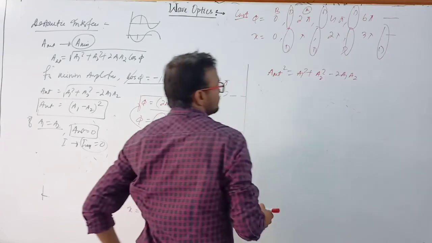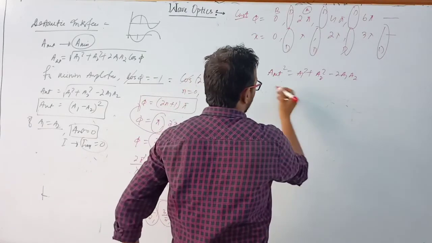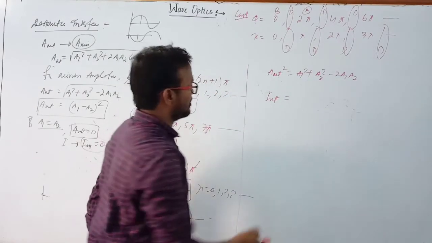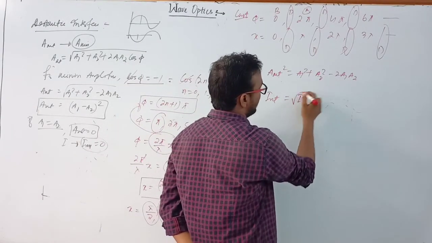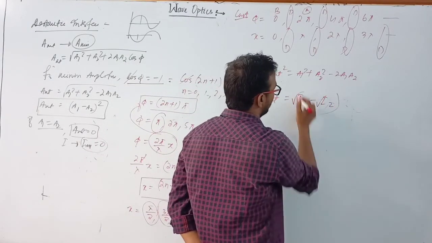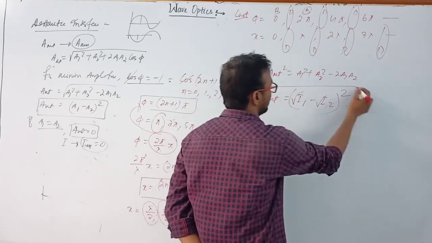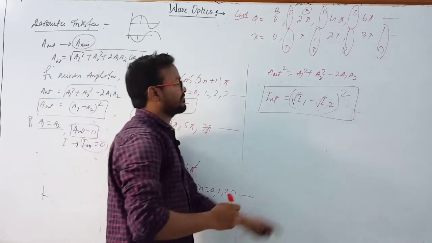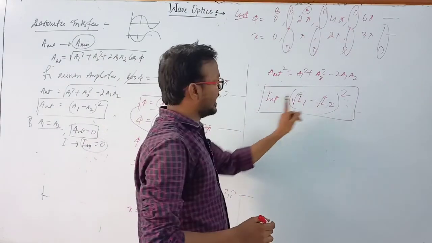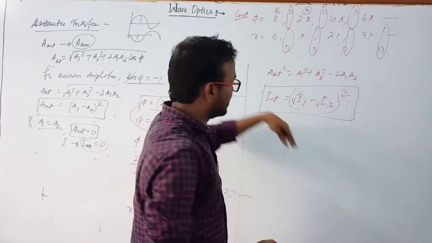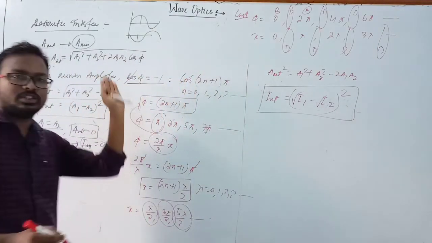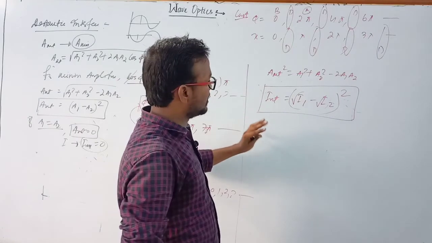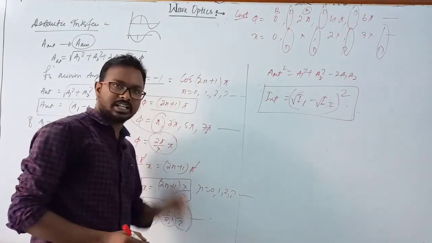Now using this relation, we can write I net also, using the previous concept. I net will be (under root I1 minus under root I2) whole square. This is I net. Clear? So if the intensities are equal, then I net will be 0. In another case, if the intensities are equal for constructive, I net will increase 4 times. This is constructive interference and destructive interference.